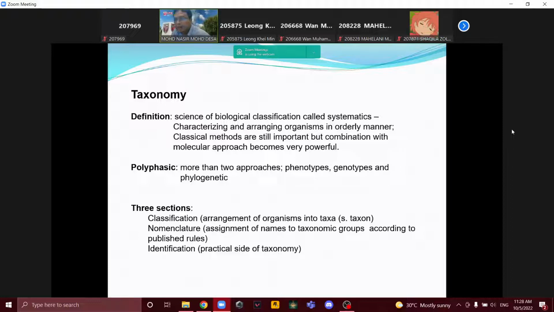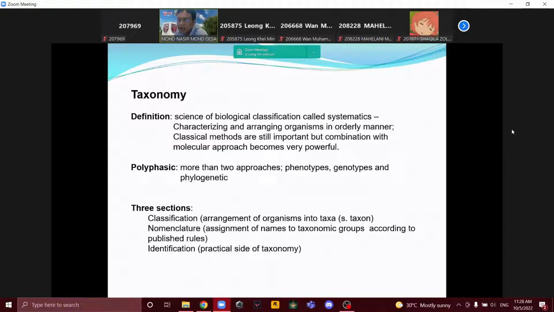But there are some cases where we have to revise. Earlier scientists, relying on phenotypic approaches, proposed certain names merely based on them. But later on, when we are able to look at the DNA level, we know that this is not really true. So we have to rename, okay?